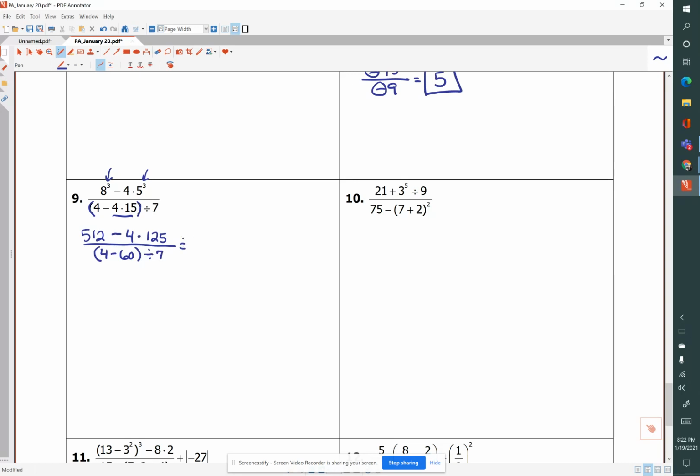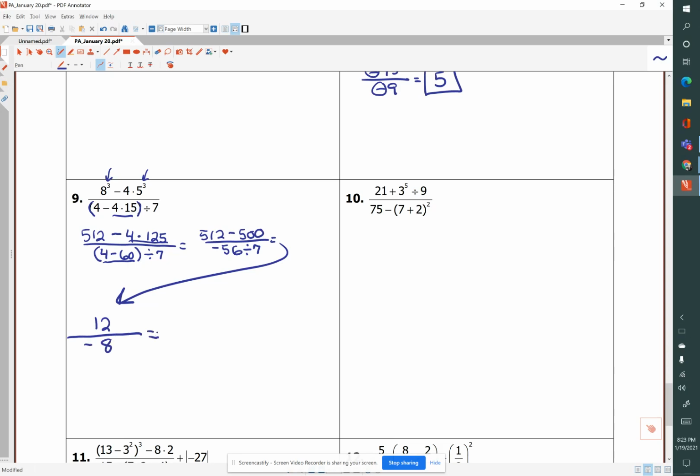Now, on the numerator, we have to do the multiplication before we do the subtraction. So 512 minus 4 times 125 is 500. And 14 minus 60 in the denominator, because it's grouped together, is a -46, and that's divided by 7. So now 512 minus 500 is 12, and -56 divided by 7 is -8.